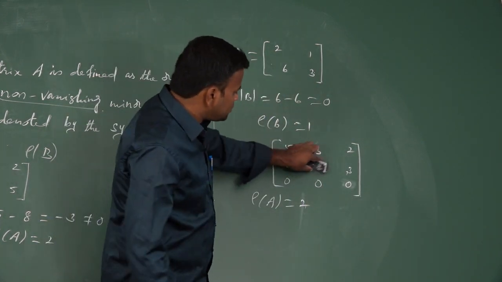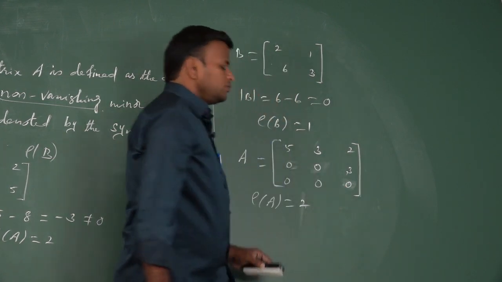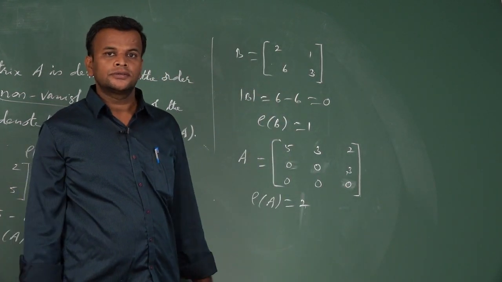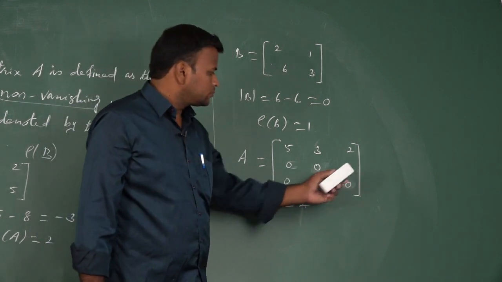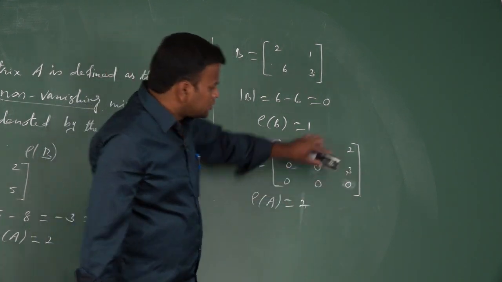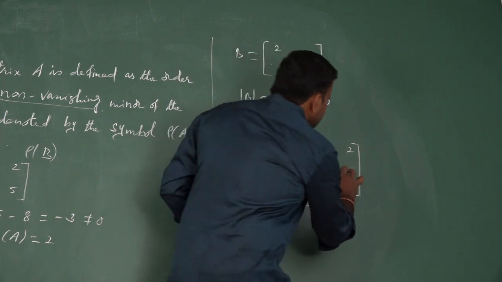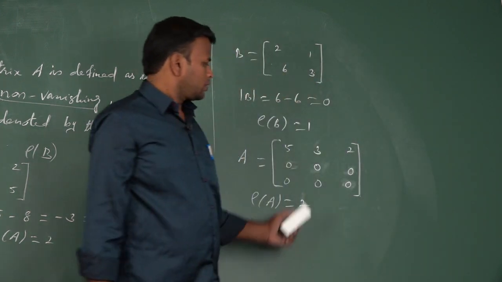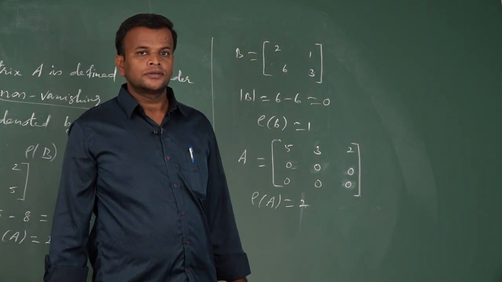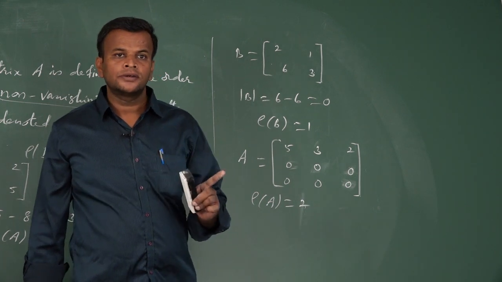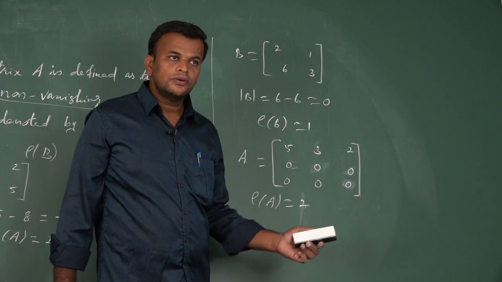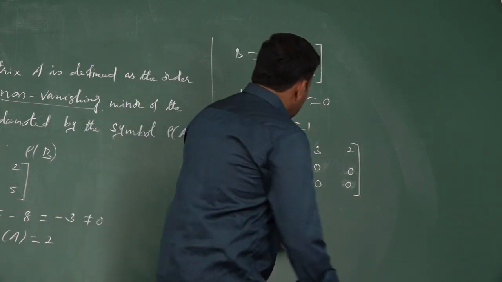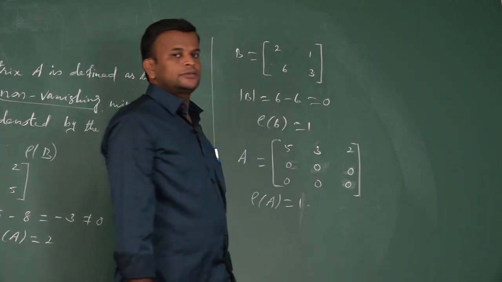Suppose this value is 0. What is its rank? This rank is also 2 because it has a non-zero 3. Suppose this value is also 0. What is its rank? Its rank is 1 because the second row and third row are fully 0. Only the first row has a value, so its rank is 1.